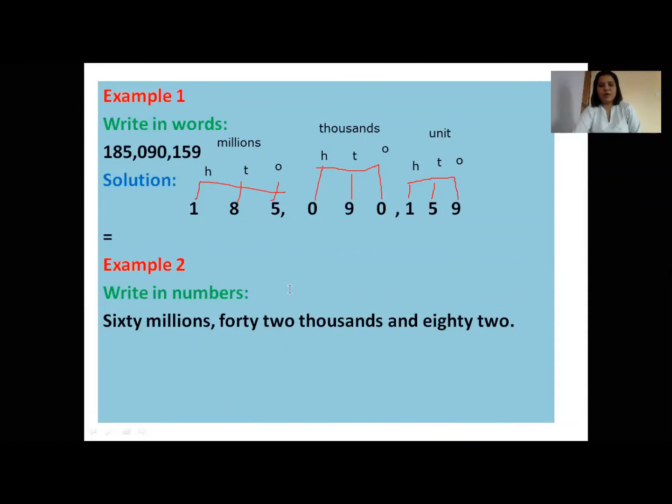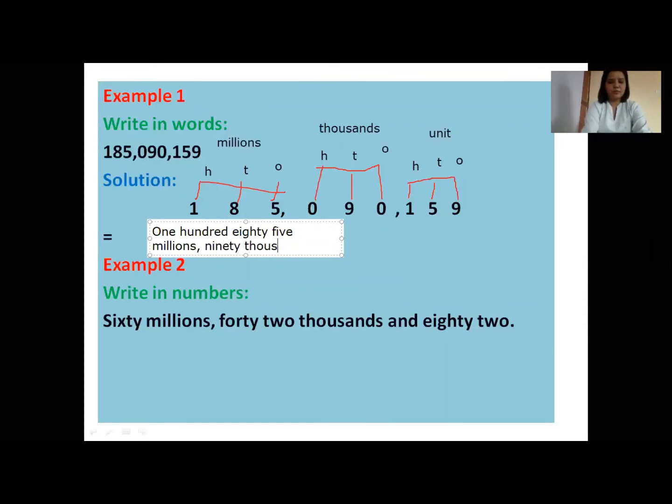So now we can write the number in words as 185 millions, comma, 90 thousands, comma, 159.